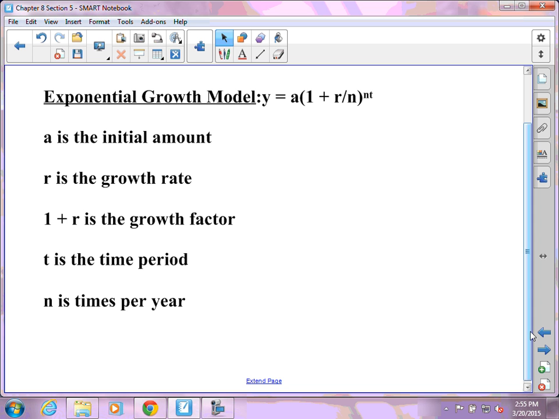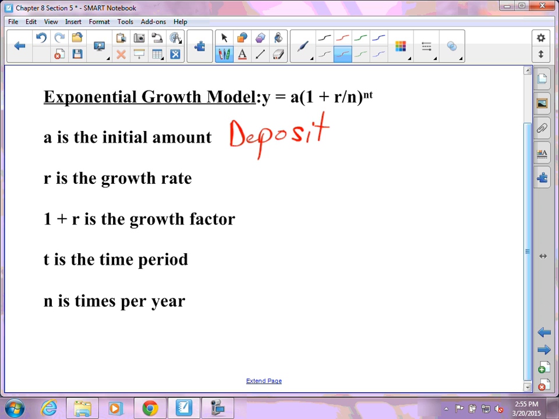A is the initial amount. What that essentially is, is how much you deposit into your bank account. The growth rate that we're going to use is a percentage. And if you remember back a couple of years ago, we talked about if I have 3%, we can also write that as 0.03.